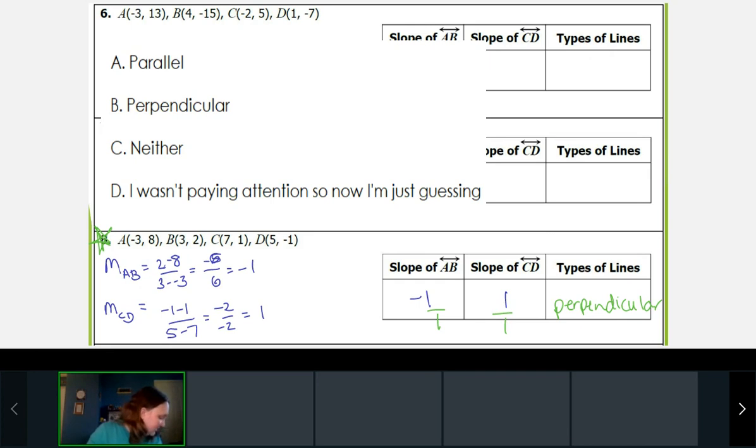All right, and now let's look at number 11. Oh, before we do that, let's give you your attendance quiz word. Your attendance quiz word is neither.